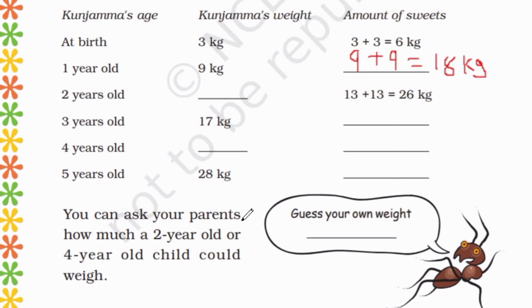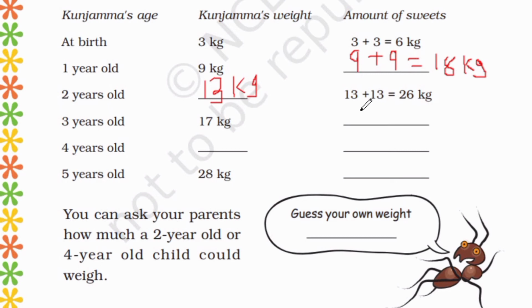You can ask your parents how much a 2-year-old or 4-year-old child could weigh. For 2-year-old we can write 13 kg. 13 plus 13, 26.